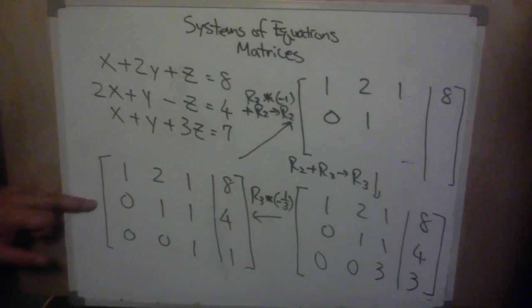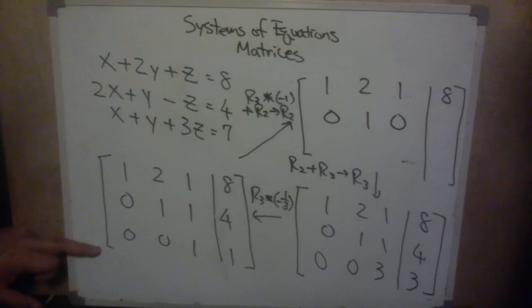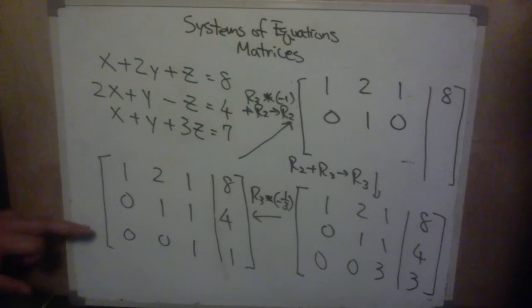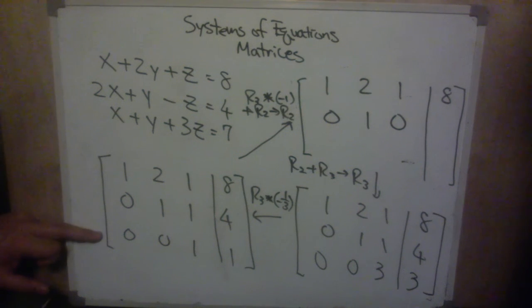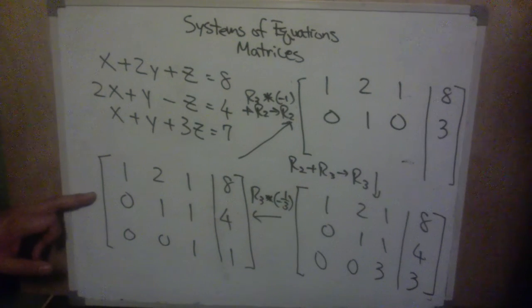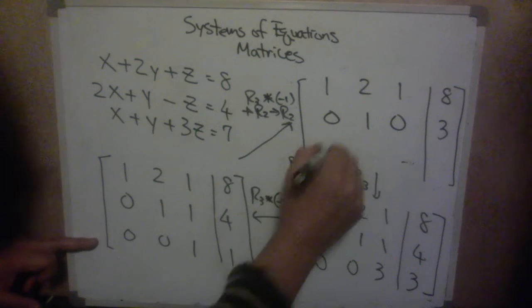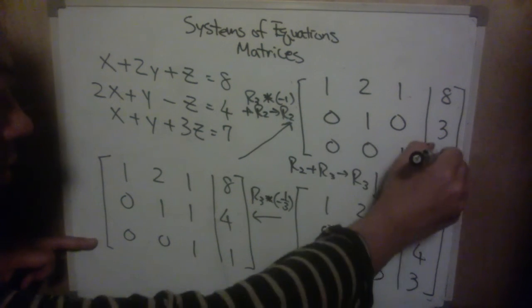Negative 1 plus 1, that's 0, and that's what we want. 1 times negative 1, that's negative 1. Negative 1 plus 4, that's 3. Like that. So that's good. And row 3 stays the same: 0, 0, 1, 1.